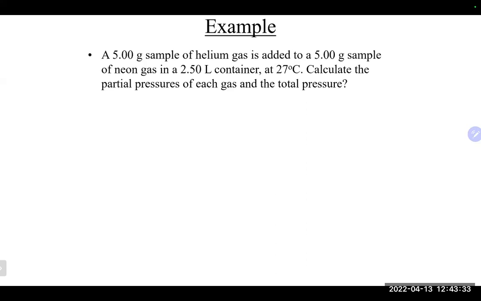So why don't we try one here? 5 grams of helium plus 5 grams of neon in the same container. What is the partial pressure of each gas and the total pressure here? Helium is 4.003 and neon is 20.18, it looks like.